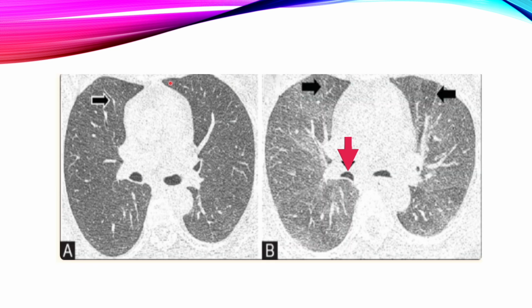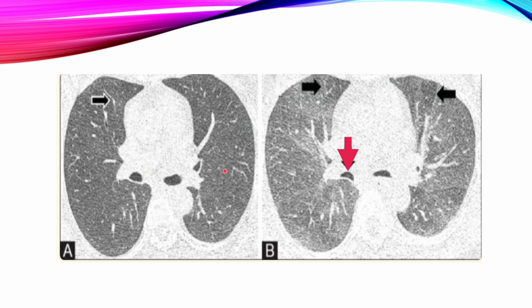So these are a few images. If you see, this is an inspiratory scan. It did show some mosaic attenuation. There was a different attenuation in different parts. And then the same patient underwent the expiratory scan. So when this patient undergoes the expiratory scan, first thing to look out for is that the airway, this is the expiratory phase because the posterior walls of the bronchi are bowing.